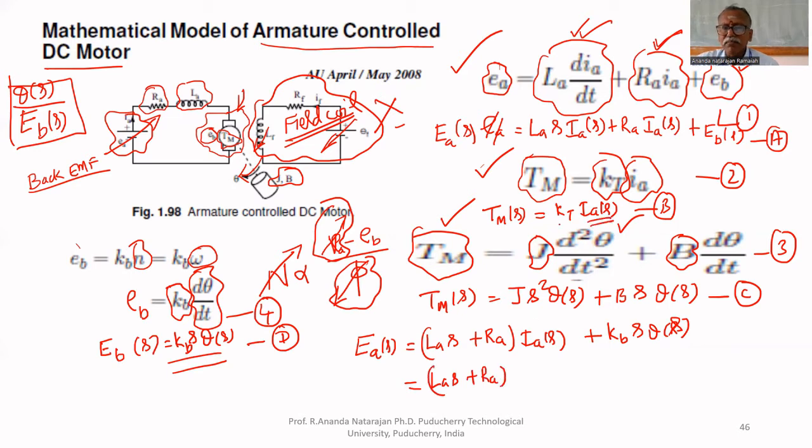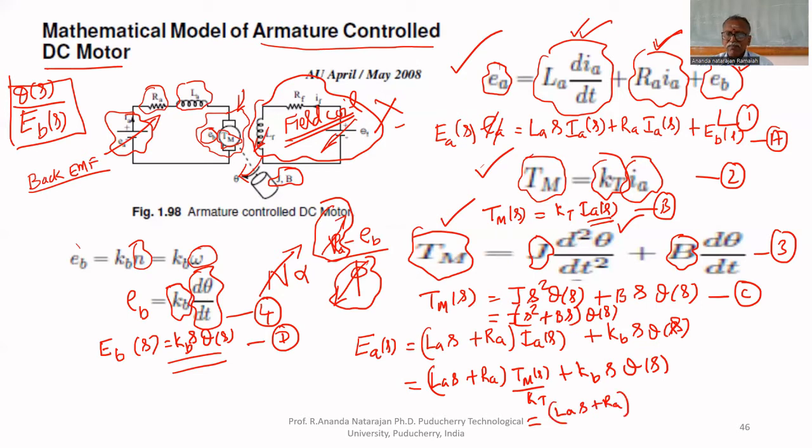From equation B, we can write Tm of S upon KT plus KB S theta of S. Now, Tm of S equals JS square theta of S plus BS theta of S. So instead of Tm of S, we can substitute this equation.